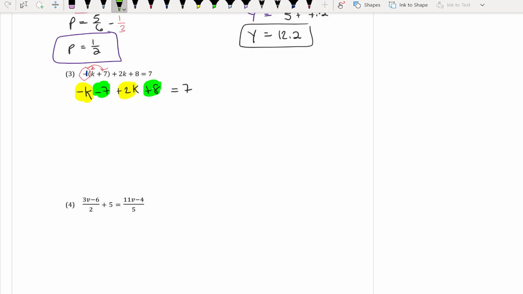So you're going to rewrite this. So you have a -k plus your 2k, and you also have your -7 plus 8 is equal to a positive 7. So combining that -k plus 2k, that's going to give you a positive 1k. And you also have a -7 plus 8, which is going to give you a positive 1.